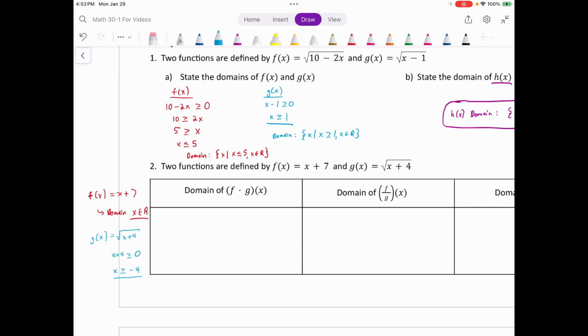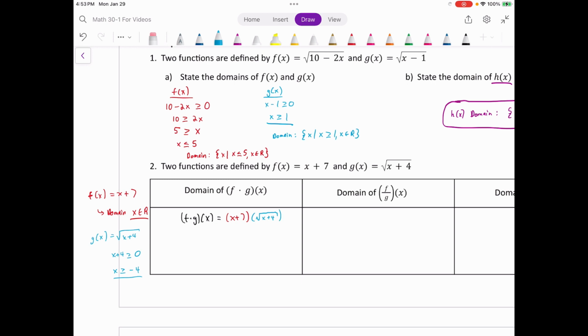So what is the set of numbers that is common to both f and g? Well, if we think about what f times g of x is, it's just going to equal x plus 7 times root x plus 4.